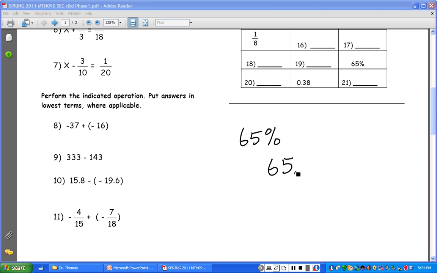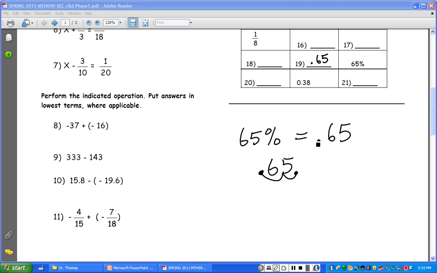The decimal is behind the 5. 65 is the same thing as 65 with a decimal behind it. So to change it to a decimal, you just move it 2 places to the left. Alright, so the answer is 0.65. Okay, so this should be 0.65. Drop the percent and move the decimal 2 places to the left.